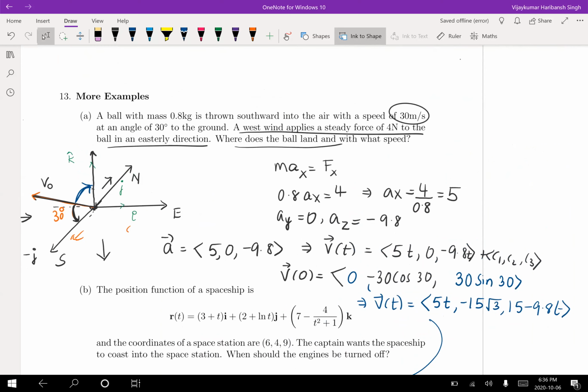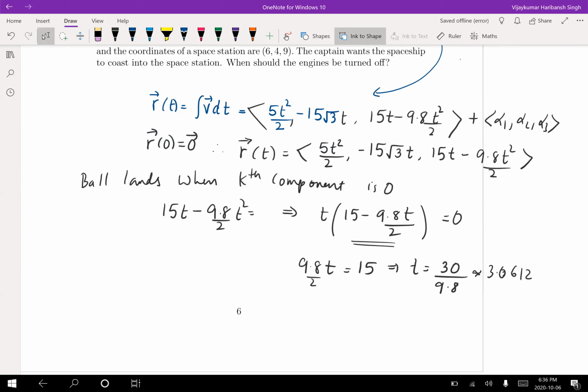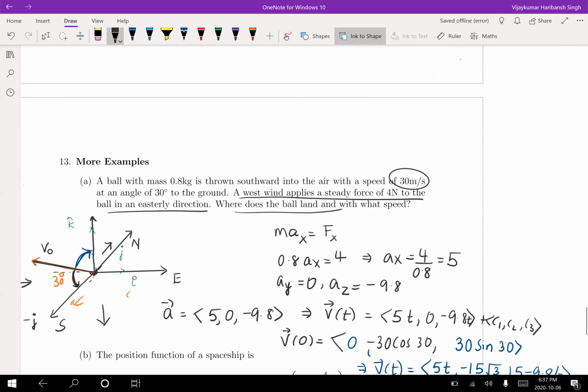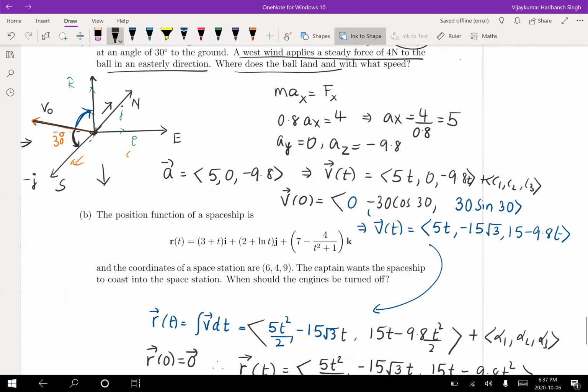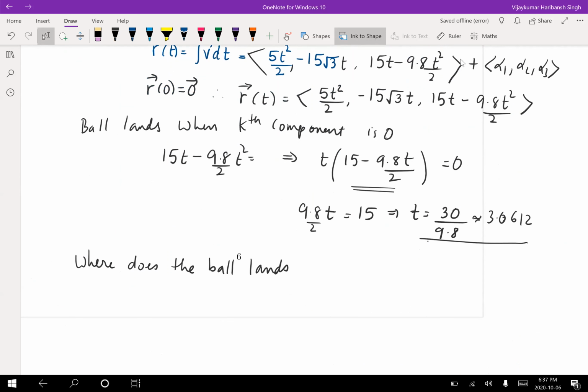And where does the ball land, and with what speed? So where does the ball land? That's the first question. So we have R of 30 divided by 9.8.